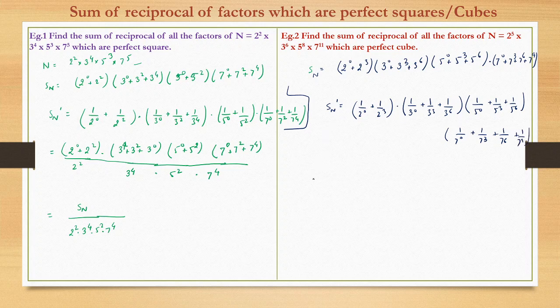Right. Now if you take the LCM of different terms, in the numerator you will get Sn and in the denominator you will get 2 raised to power 3 into 3 raised to power 6 into 5 raised to power 6 into 7 raised to power 9. So this would be the required answer, where Sn represents the sum of all the factors which are perfect cube.